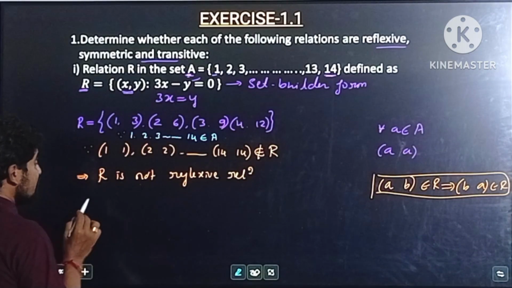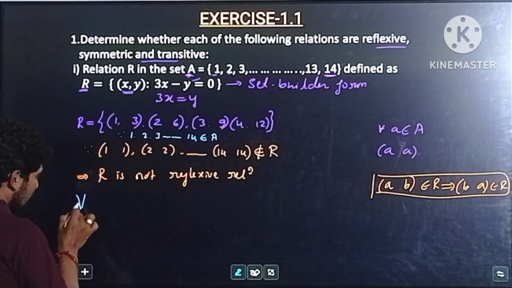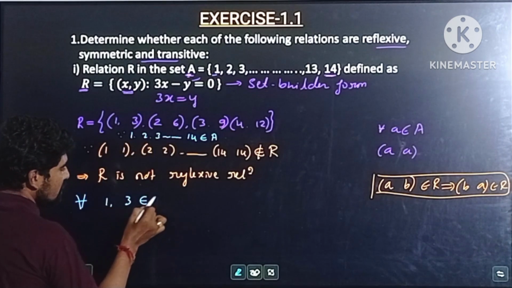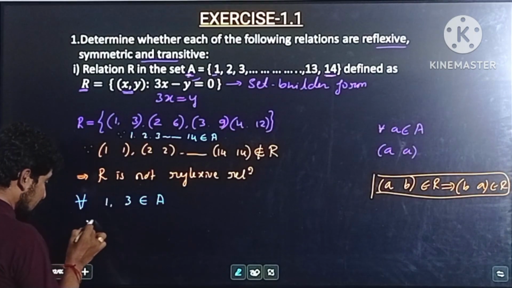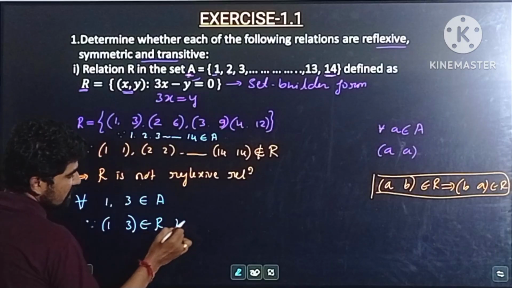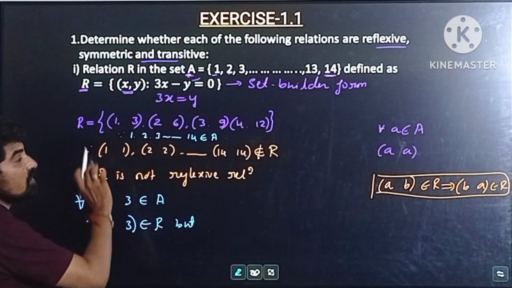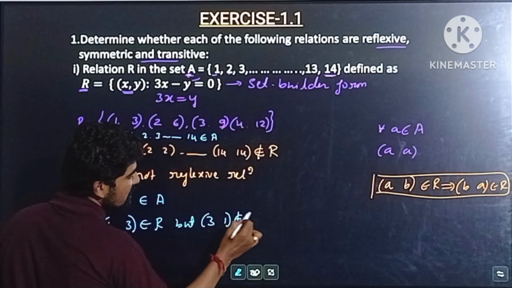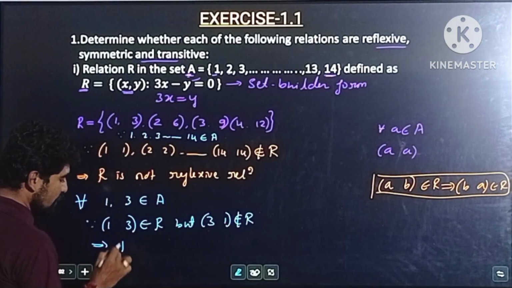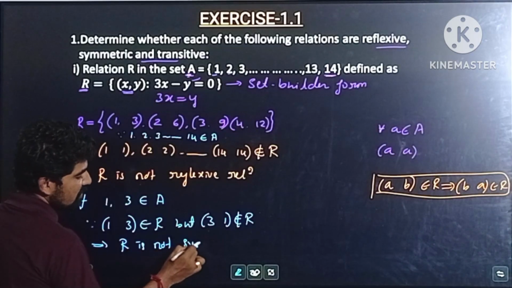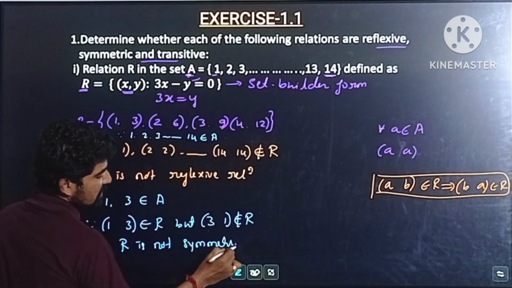Now for the symmetric relation, observe this first pair: 1 and 3 belong to the set A. Since the pair (1, 3) belongs to R, but its opposite order (3, 1) does not exist in the relation R, R is not a symmetric relation.